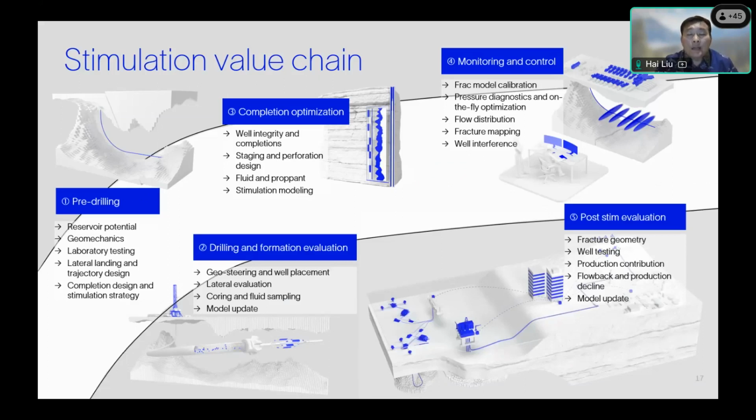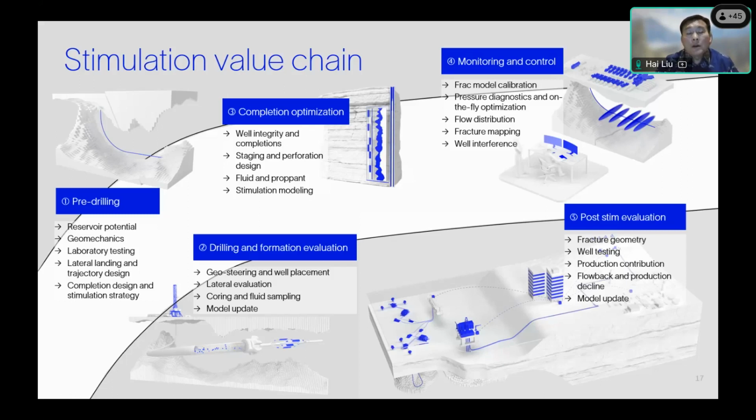And obviously, we need cost-effective monitoring and surveillance to calibrate our understanding, as well as simplified modeling and optimization workflows that fit into operational efficiency. This slide shows an integrated stimulation value chain, and as I always emphasize, it must start long before pumping begins. It should start before drilling, then move to well placement, formation evaluation, completion design, then treatment execution and real-time monitoring and optimization, and finally continue through post-treatment surveillance and evaluation.